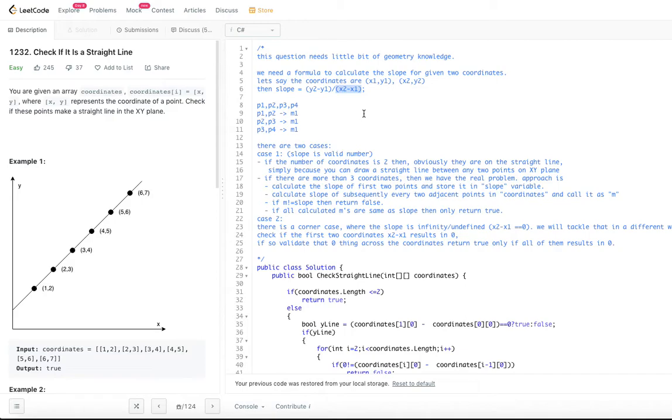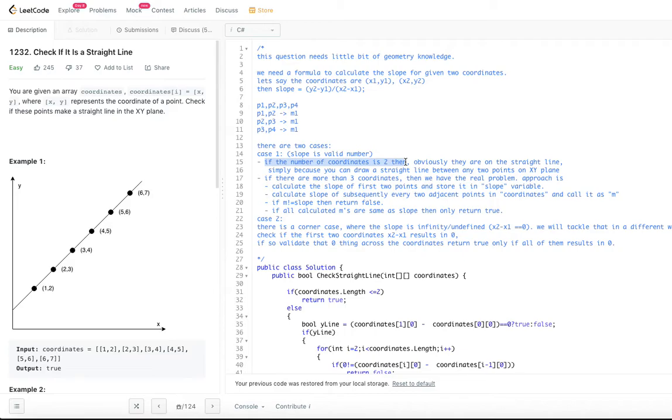The first case is the slope is a valid number. I have written down case 1 and case 2, right? Case 1, the slope is a valid number. That means x2 minus x1 is non-zero. When it is non-zero, we can get some slope, some number. So what we are going to do is, if the number of coordinates given is only 2, that means there are only 2 points in the input.